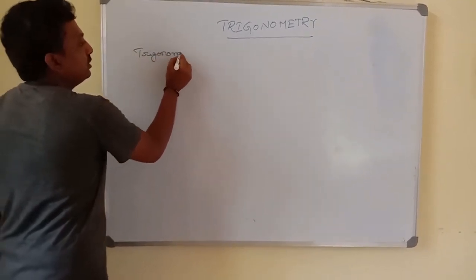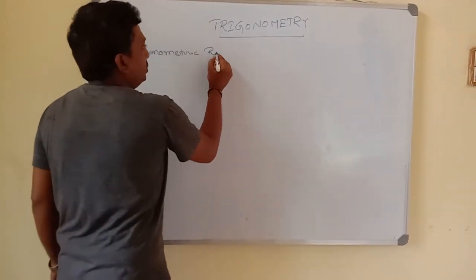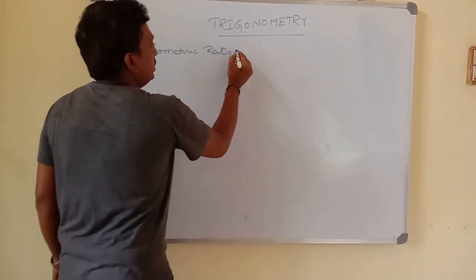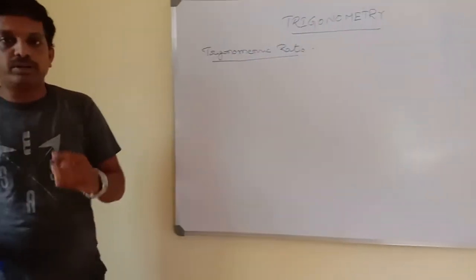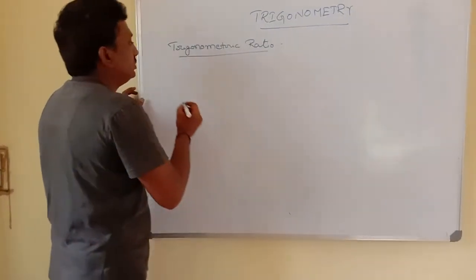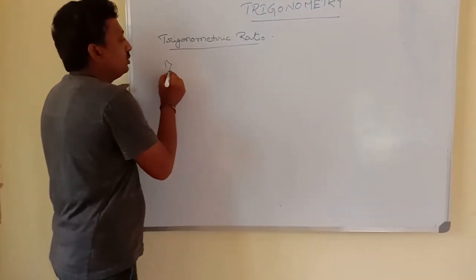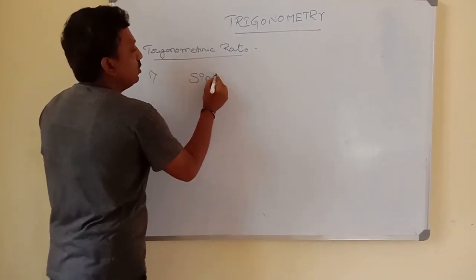Trigonometric ratios. So here, there are actually three types of trigonometric ratios. What is the first trigonometric ratio? That is sine theta. What is sine?